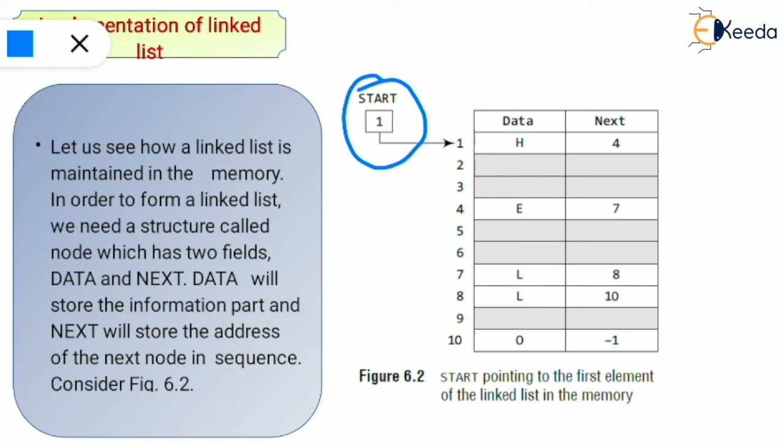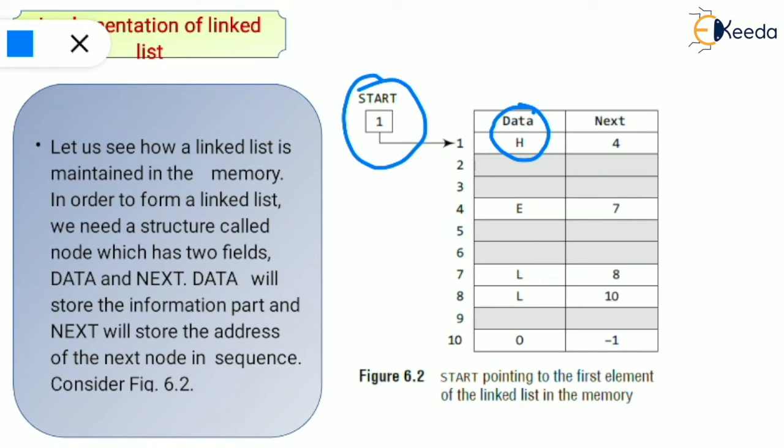So the first data is stored at 1, which is H. The corresponding next stores the address of the next node, that is 4. So we will look at the address 4 to fetch the next data item.